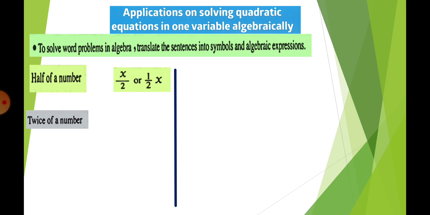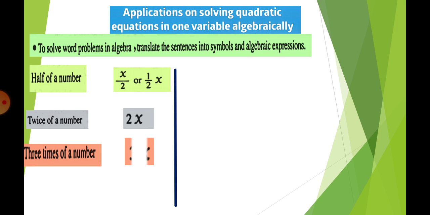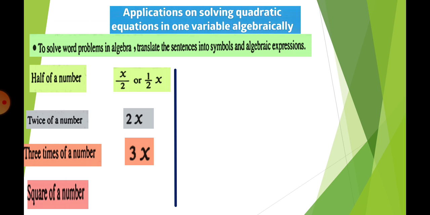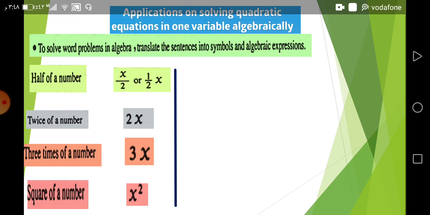Twice the number, twice means the double. If we have x, the double of x is 2x. Three times the number means 3x. Square of the number means x power 2. If we have the number x, its square is x power 2.